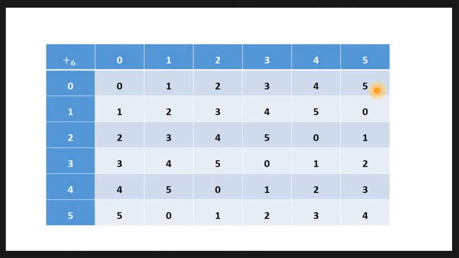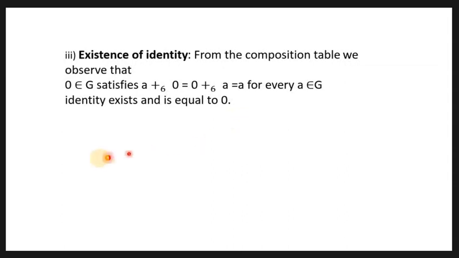That means when you add 0 to any element, the sum is that element itself. Therefore, 0 is the identity element.